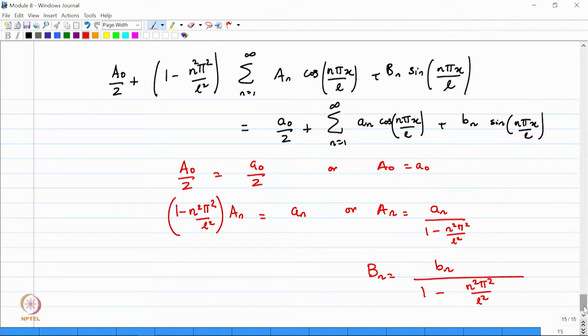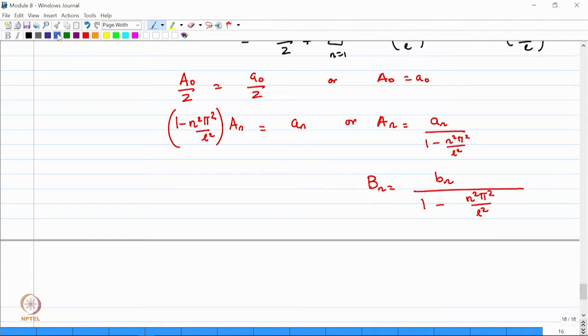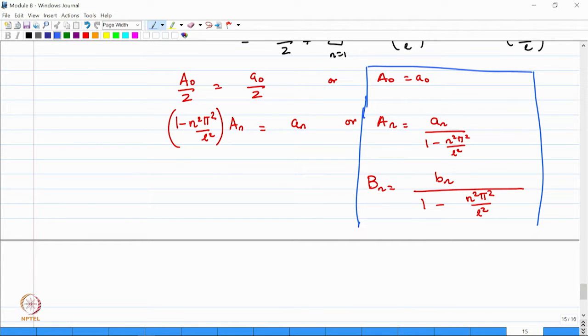So what we have done is we have actually solved the differential equation. This is the solution of the differential equation, represented as a Fourier series.